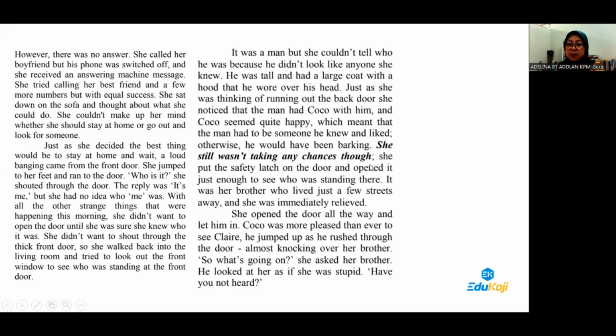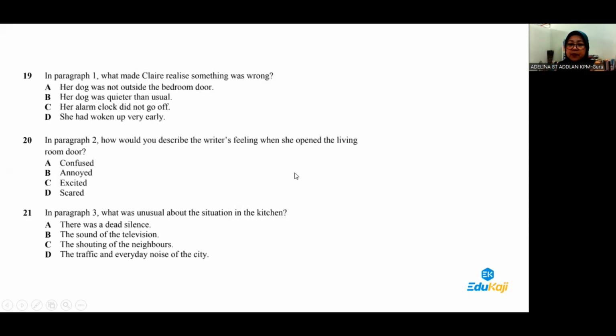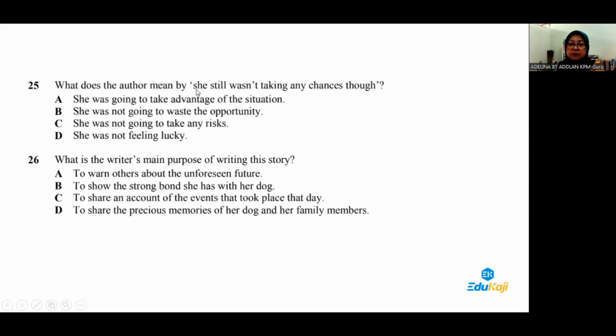So this is what I meant by bold and italicized. So when you go into this question, which is related to this, the last question asks us to identify the purpose of the writer writing the story. So where do we look for this answer? You have to read from top to bottom.